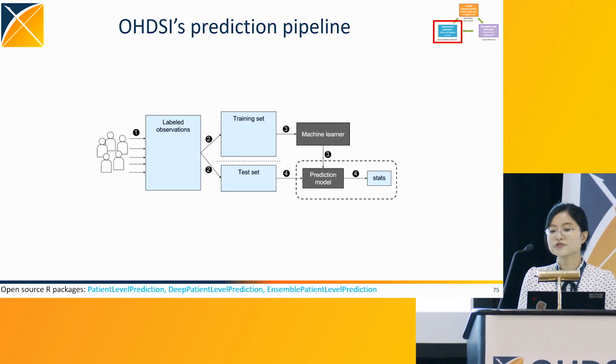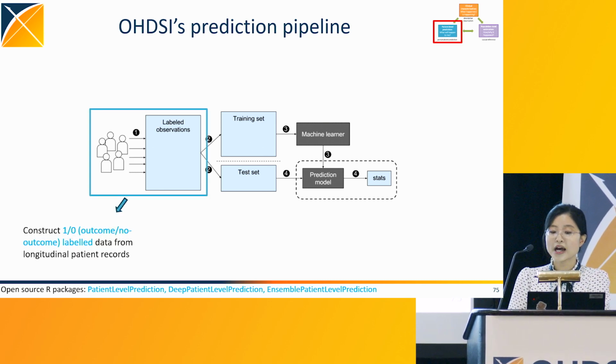In terms of how we materialize this within OHDSI, this is getting to the more technical bit of this part, so bear with me for a second. This diagram shows different components of the very large but also very principled and automated pipeline at OHDSI to solve prediction problems. It is split into multiple components.